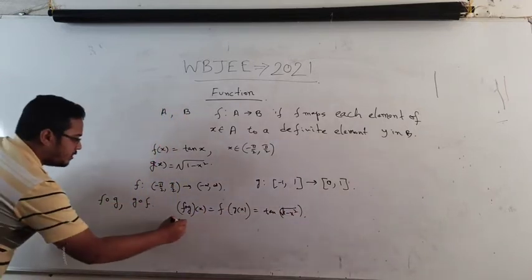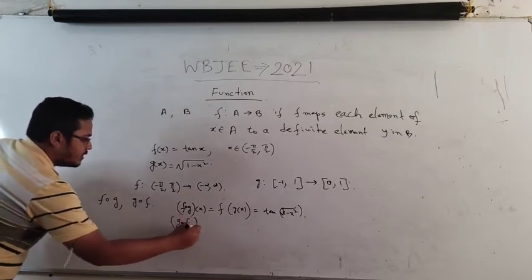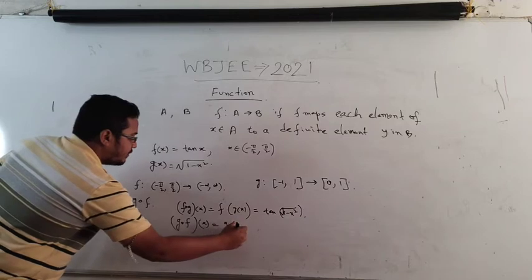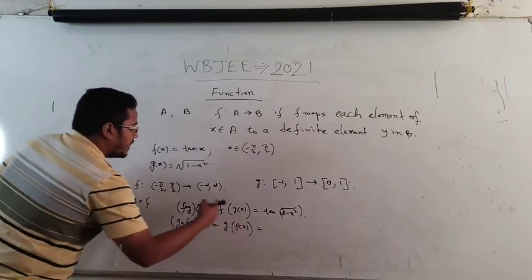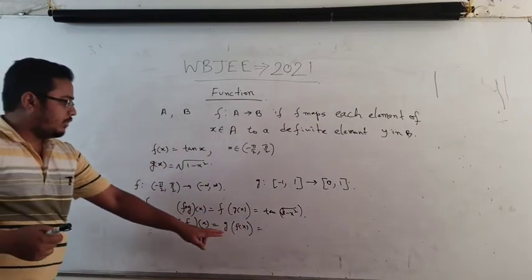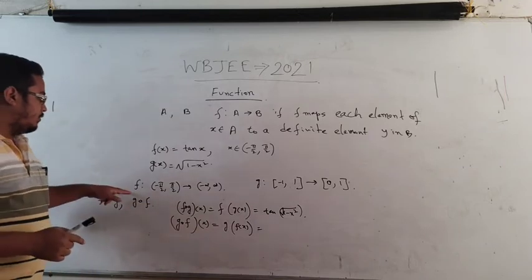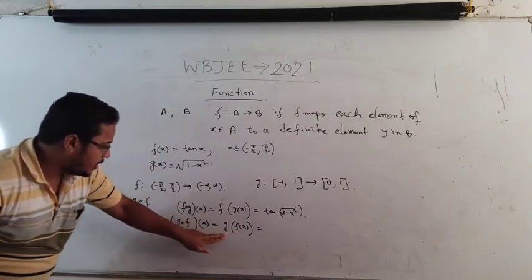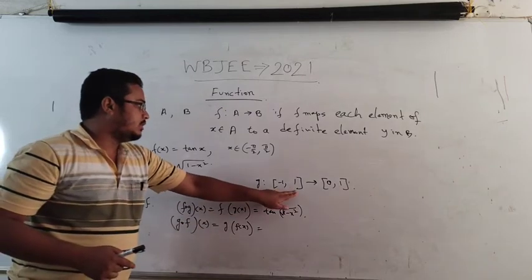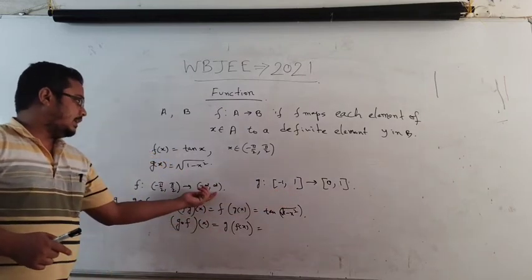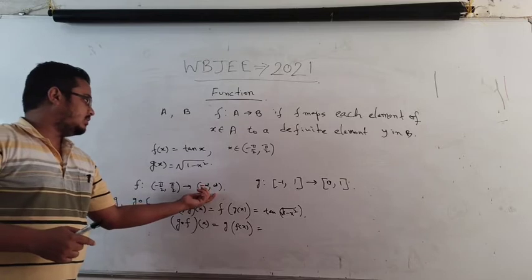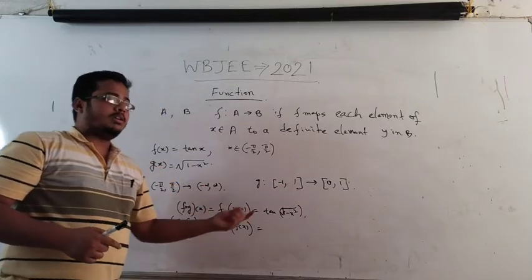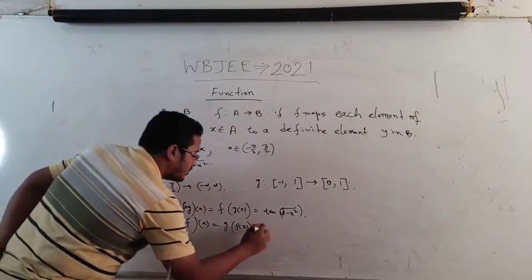But if we take g o f, then this is g of f(x), and the value of f(x) lies between minus infinity and infinity, and that element should belong to the domain of g, but the domain of g is minus 1 to 1. Therefore, a large portion of this set lies outside the domain of g. Therefore, it is not defined.